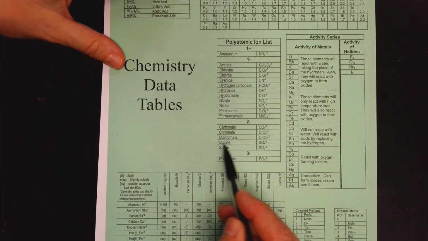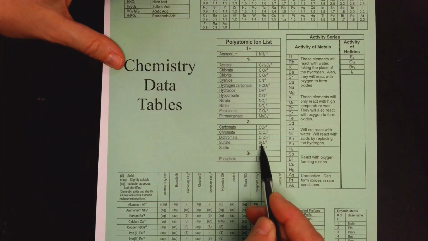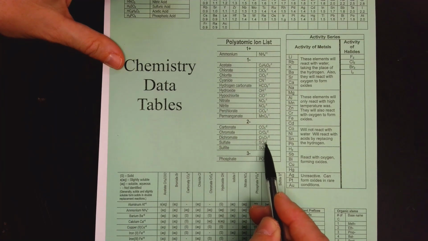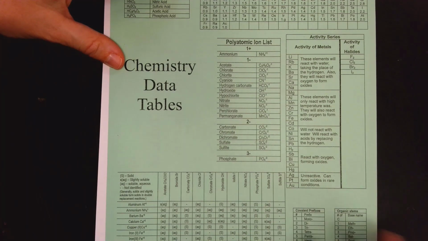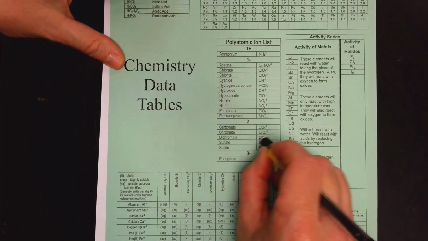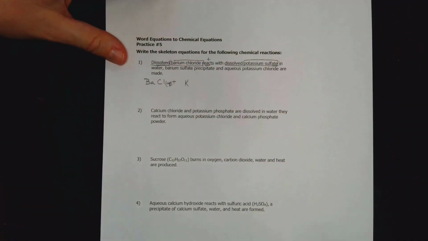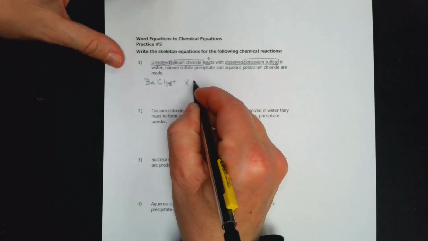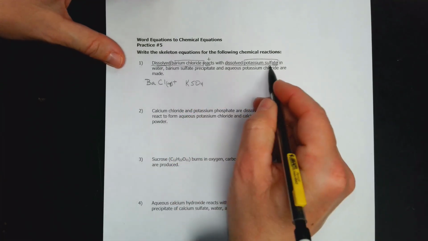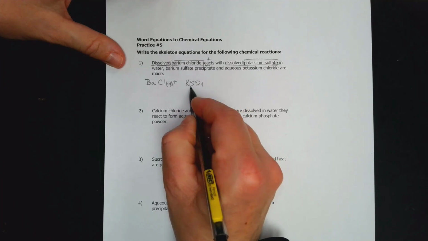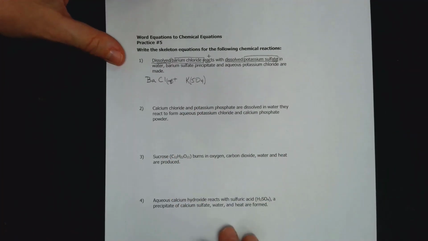If we look here, we see that sulfate has a chemical formula of SO4 with a -2, and we'll talk about what that means in just a second. So if we go back, we know this is going to be K, then SO4, because that's the chemical symbol for sulfate, and we're going to put that in parentheses.